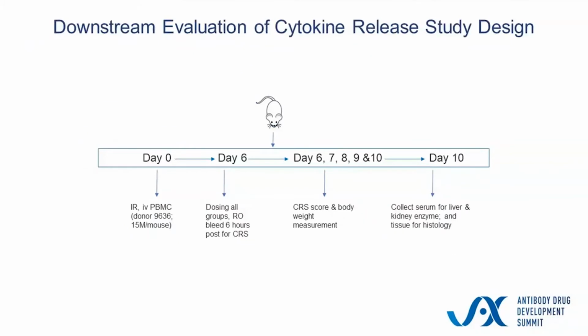This experiment, looking at the histology of the organs, was essentially a 10-day assay, where at day 0, we put the PBMCs in, at day 6, we treated, and then at day 10, 4 days later, we harvested the organs and did the histology.